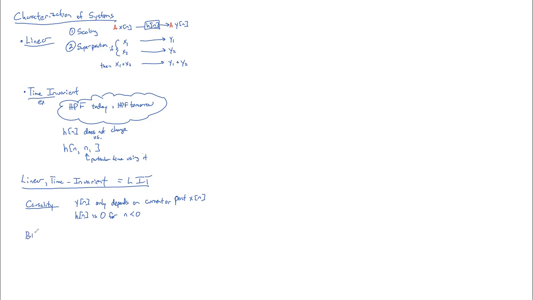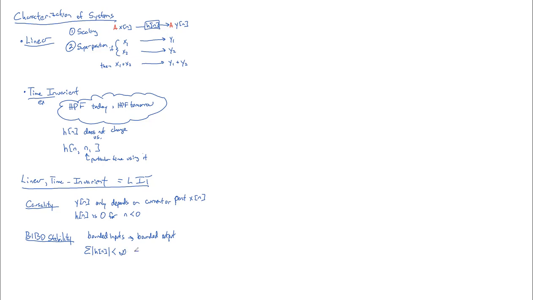We have BIBO stability. We talked a little bit about that before. BIBO stability means bounded input, bounded output: if your inputs are bounded, then your outputs will be bounded. As an example, one way to test for that is that the sum of the absolute value of your impulse response is strictly less than infinity.